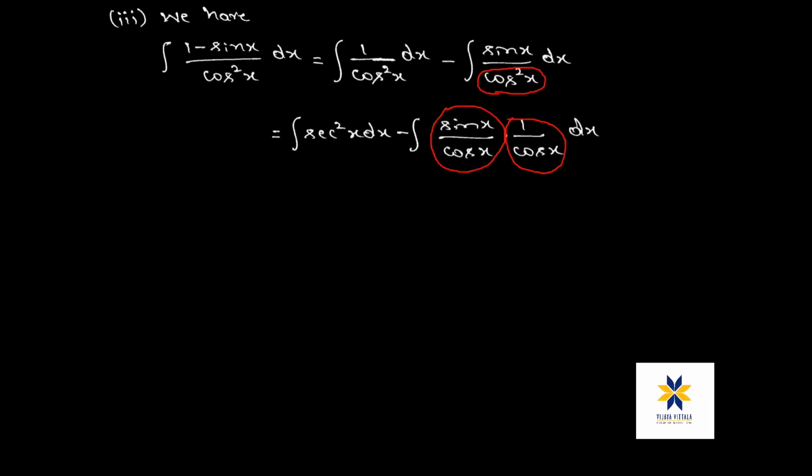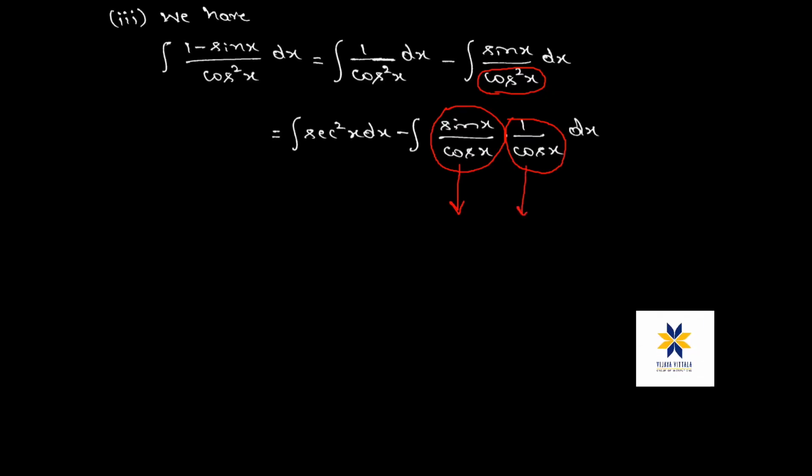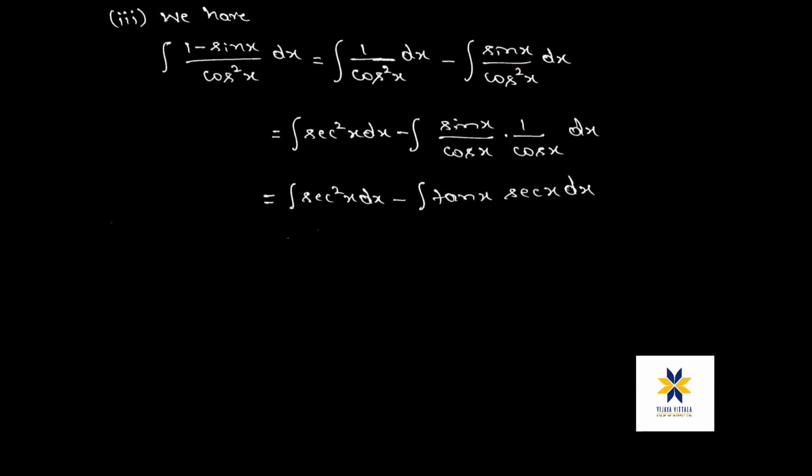Because we can write sin by cos as tan x and 1 by cos as secant x, which will be a standard function whose integration is available. We have written this as tan x and 1 by cos as secant x.